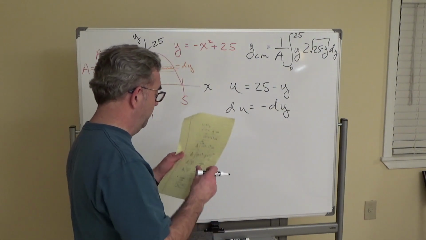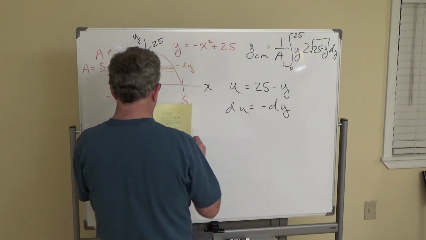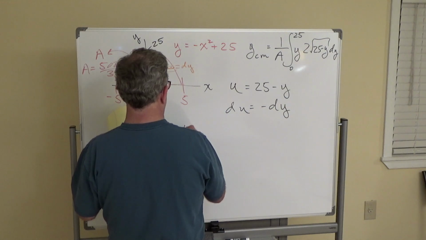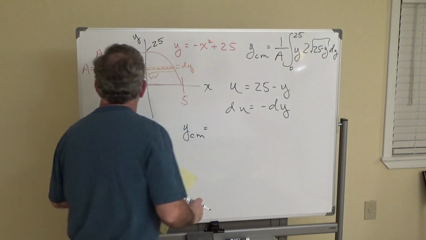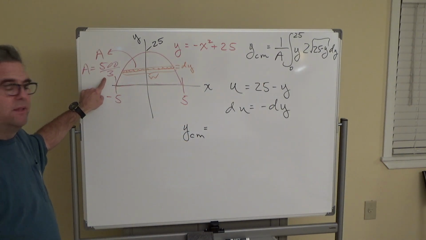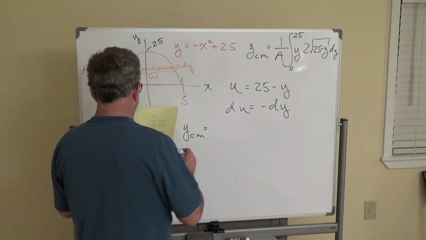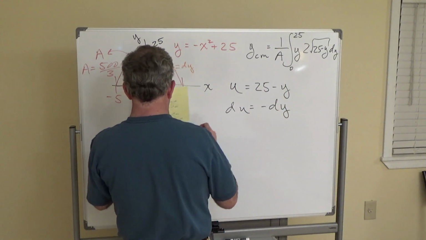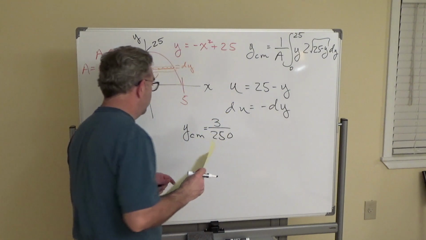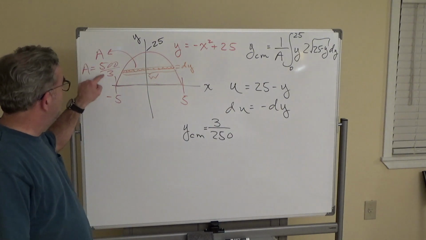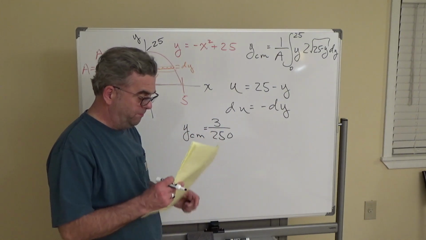Make that substitution and you get an integral. So y center of mass, and I'll go ahead and plug in a, which is 500 over 3. That gives you a 3 over 500 out front, and the 2 coming out front gives you 3 over 250, because 1 over a is 3 over 500, and then the 2 came out, that made it 3 over 250.